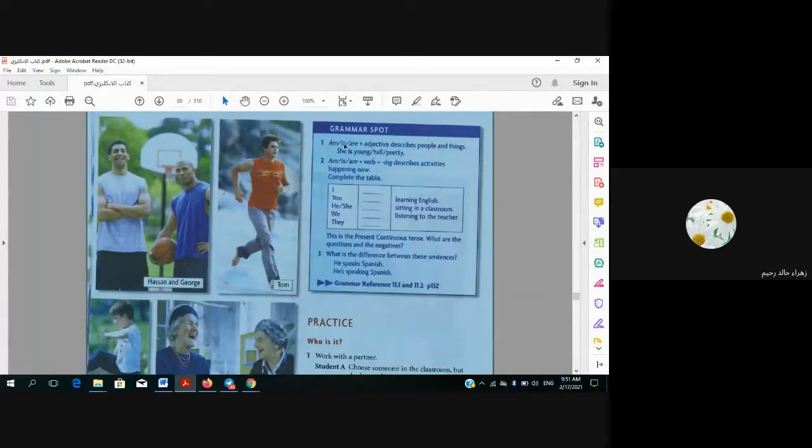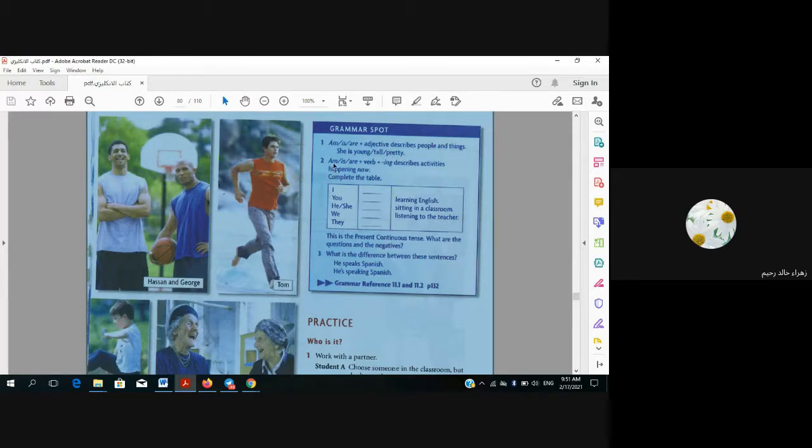Now is our adjective describes people and things. She is young. When we use is are and then adjectives, it means that we describe people and things. معناها إذا استخدمنا is و are بعدها adjective إحنا بدنا نصف الناس. مثلا she is young, she is tall, she is pretty.